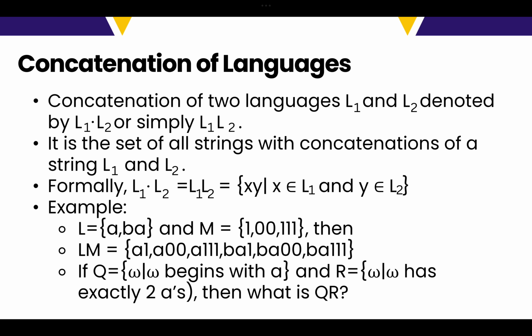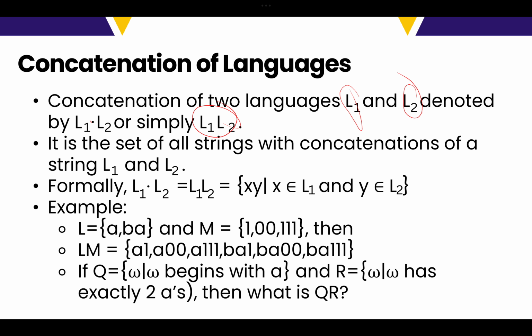The concatenation of two languages, L sub 1 and L sub 2, denoted by L sub 1 dot L sub 2, or simply we attach L sub 1 then L sub 2. So, this is the concatenation of L sub 1 and L sub 2.